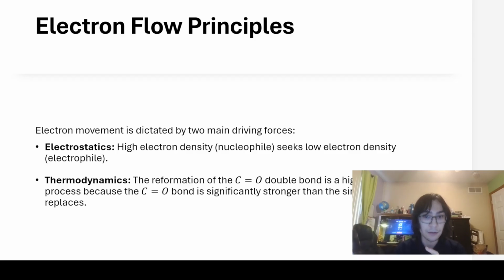The second main driving force is thermodynamics, which is the reformation of the carbon-oxygen double bond, which is highly exothermic. With that process, the double bond is significantly stronger than a normal single bond.